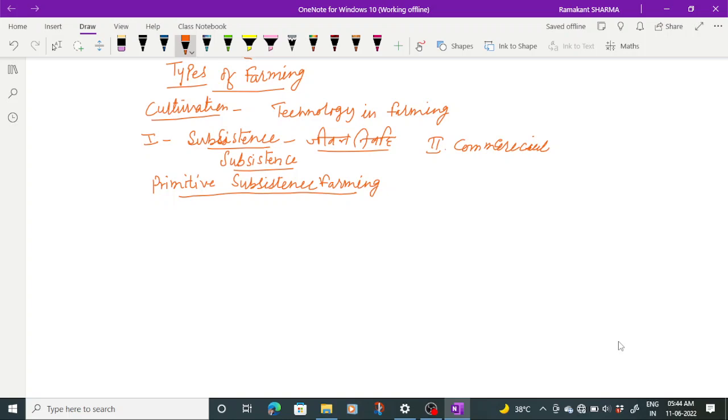This type of farming is done on a small patch of land with the help of primitive tools, ancient tools which are used in agriculture.